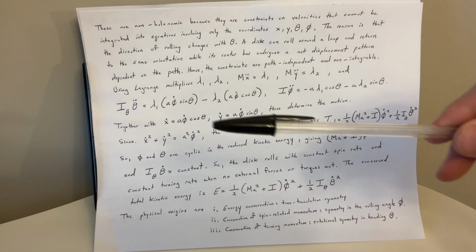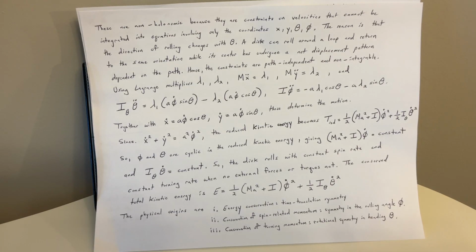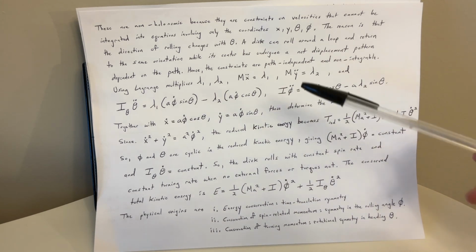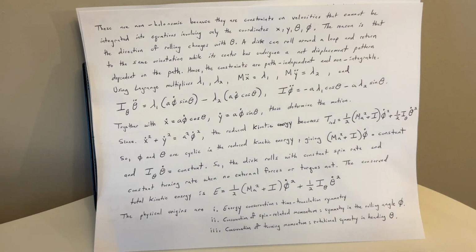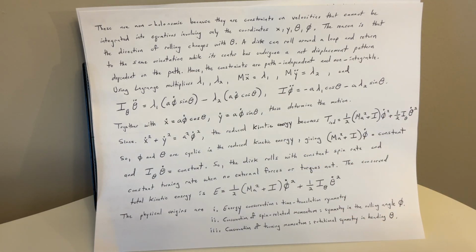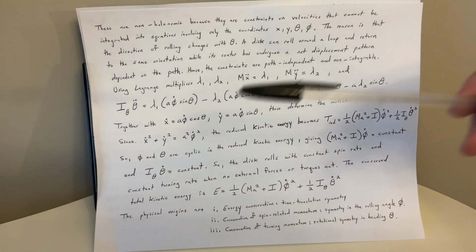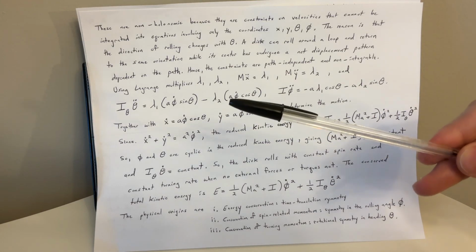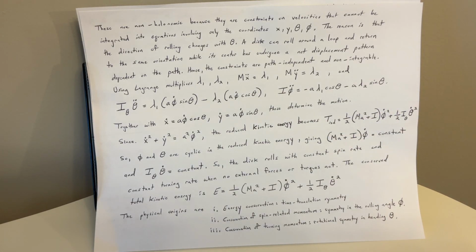So using Lagrange multipliers, lambda sub 1, lambda sub 2, we could have m x double dot equals lambda sub 1, m y double dot equals lambda sub 2. And here, I sub theta, theta double dot equals lambda sub 1 times a phi dot sine theta minus lambda sub 2 a phi dot cosine theta.